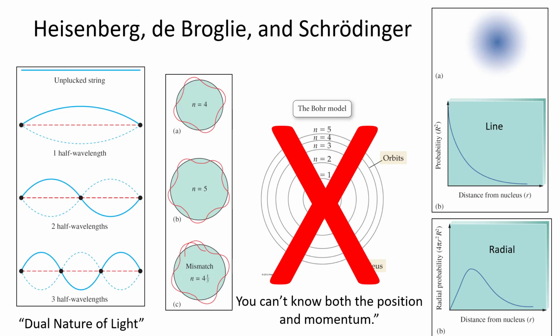If you look at the bottom right-hand corner, this distance from the nucleus, R, the radial probability, is the idea that most of the electrons are some perfect distance from the nucleus, but they can get closer to the nucleus, or a little further. The line diagram is showing you as you start at the nucleus and proceed outward in a straight direction. These are all just ideas that help us think about electrons existing as probabilities.